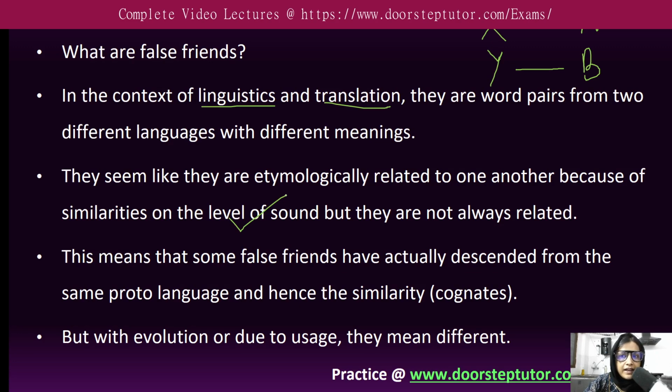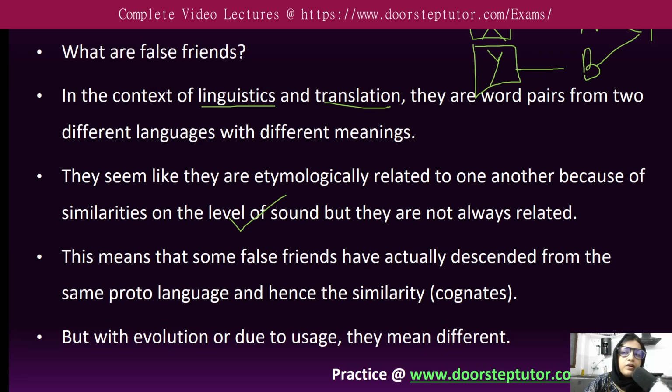Now A and B might not be related to this proto language, or they might be related to this proto language. Okay, so in the cases that they have actually descended from proto language, then also they may be false friends.